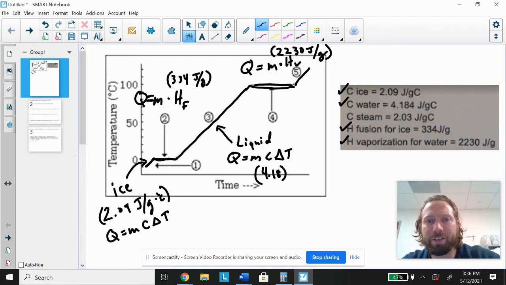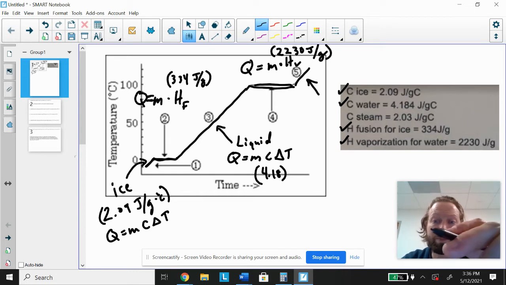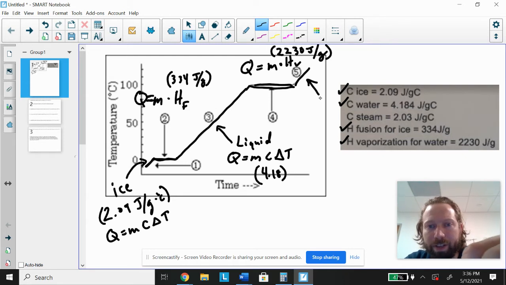And last but not least, if you have steam and you're increasing the temperature of it from, say, 100 up to 120 or something, then you're going to have steam at that point, and you're going to use, again, Q is equal to mc delta T, and again, this has a different specific heat capacity for steam. It's 2.03 joules per gram per degree Celsius. Okay?